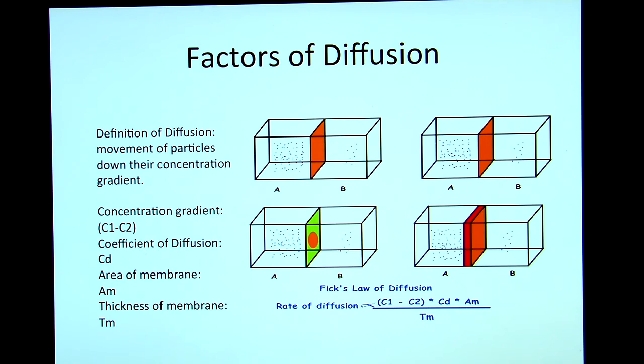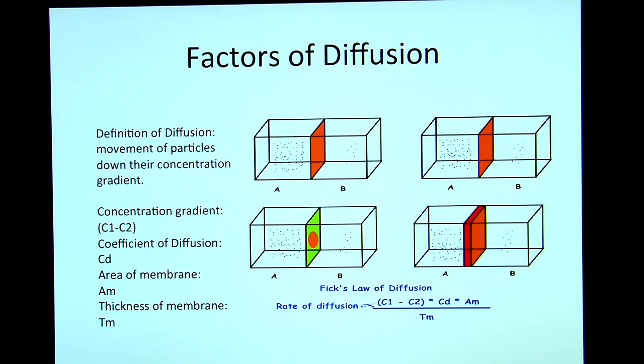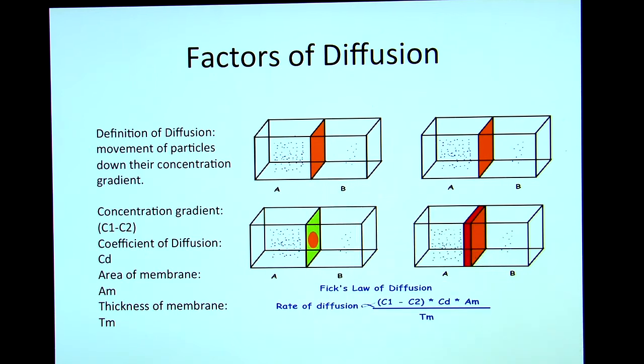The rate of diffusion that is going to occur is going to be affected considerably by the concentration gradient. If the concentration gradient is low, then you're not going to have as much diffusion. If the concentration gradient is high, meaning that there's a lot more particle to make up a concentration level in A compared to B, then you would expect to see a lot of diffusion going across the membrane.